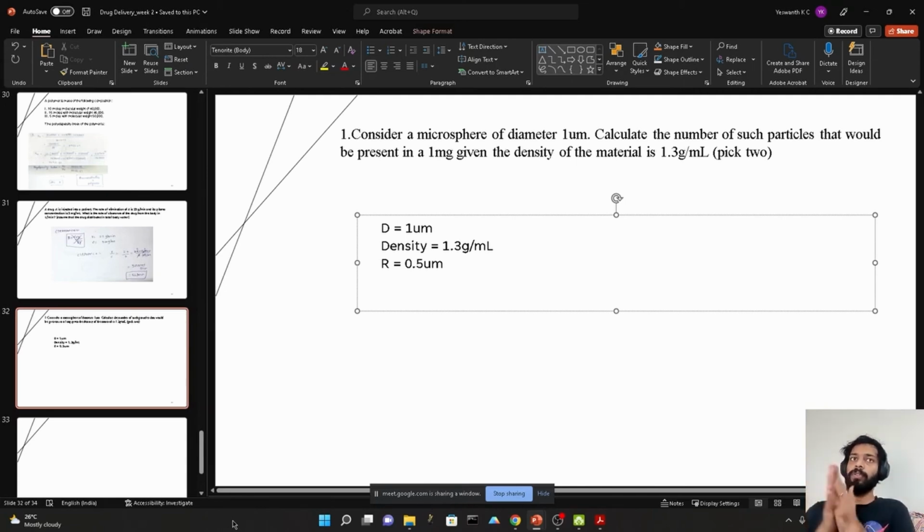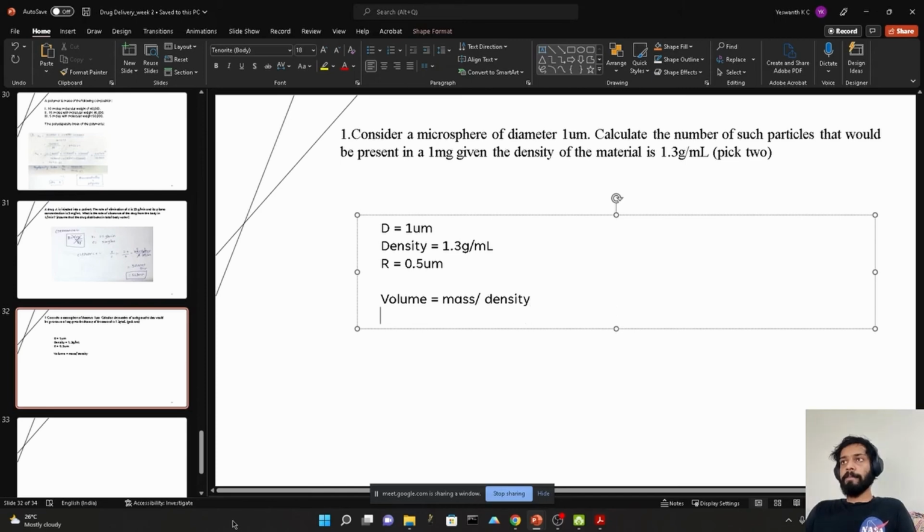Correct. So there is a relationship between density, mass, and volume. Volume is equal to mass divided by density. We know the mass, which is given as 1 mg.